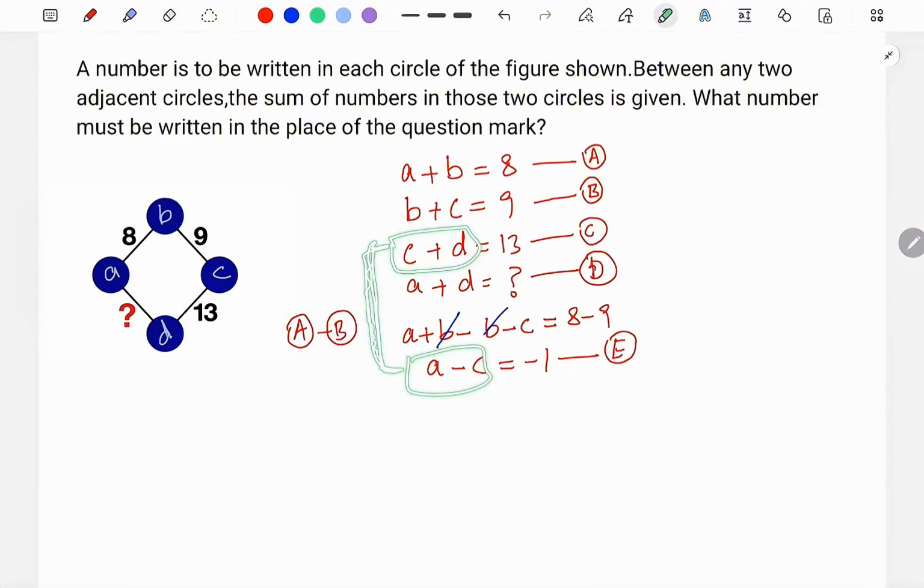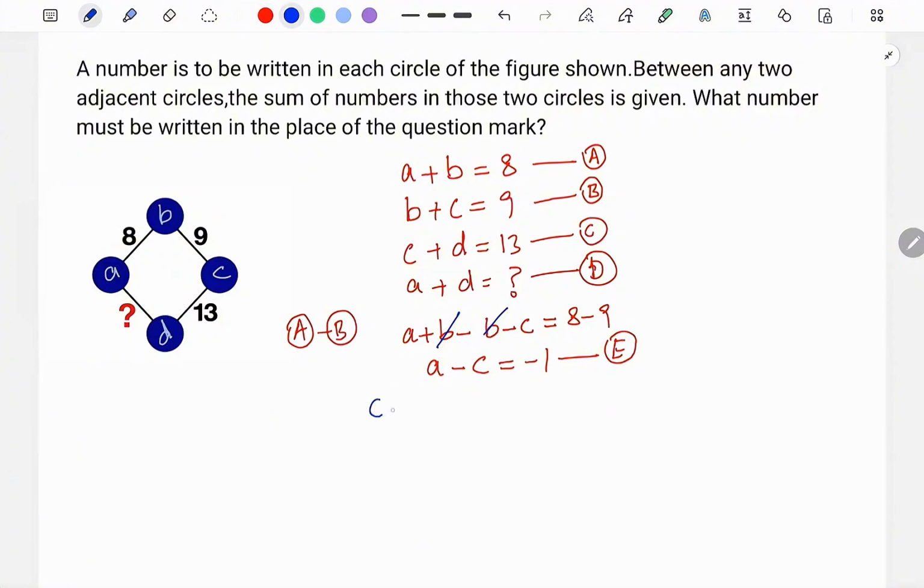Which letter is not required here? c is not required here. And you can see one is positive and the other is negative. So in simultaneous equations, when some variables already have opposite signs, we add those equations to eliminate that specific letter or variable.